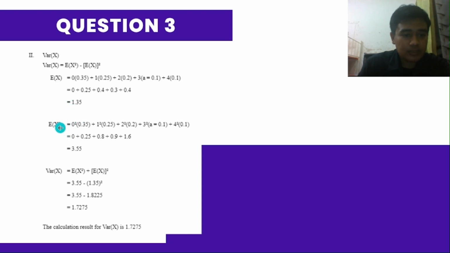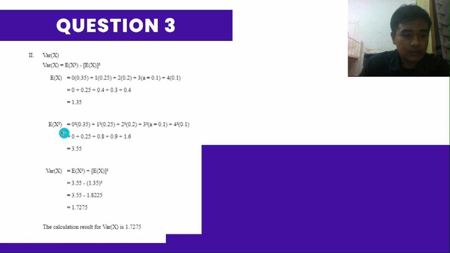For the next one, we are going to count E(x power of 2), which means we take each value of x and raise it to the power of 2. Then we do the same, get the values, and sum them all up. We get 3.55.